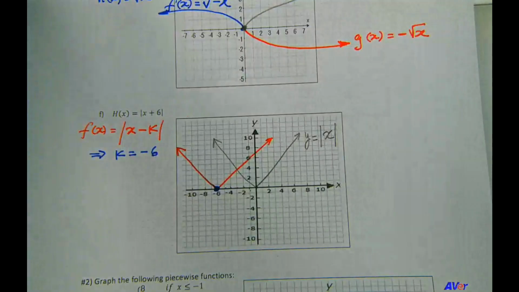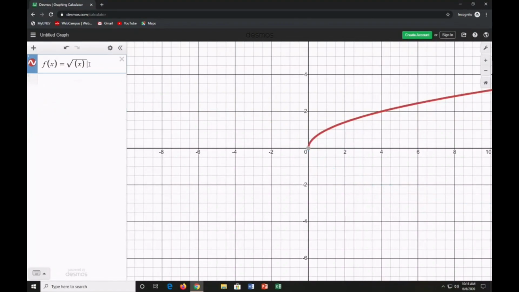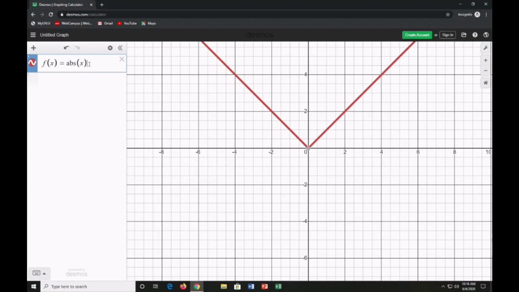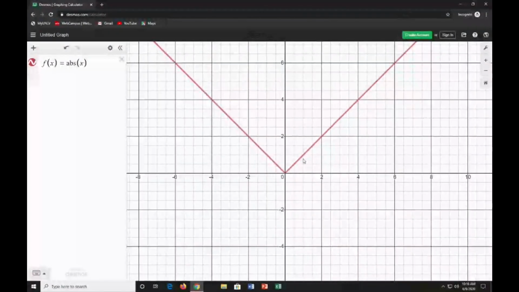Okay? So we can also look at this on the computer. So let's put in the absolute value function. Absolute value of x has that graph, right? We know that. The vertex is at the origin, and the arms of the graph have a V-shaped form like that.